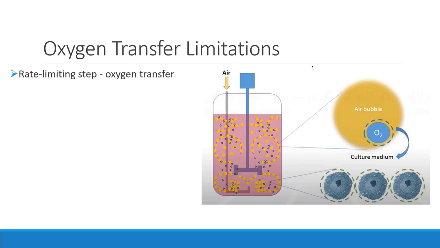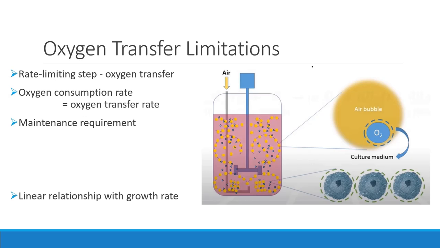When oxygen transfer is the rate limiting step, the rate of oxygen consumption is equal to the rate of oxygen transfer. If the maintenance requirement of oxygen is negligible compared to growth, then the oxygen uptake rate is equal to the oxygen transfer rate as given. Growth rate varies linearly with the oxygen transfer rate under oxygen transfer limitations.